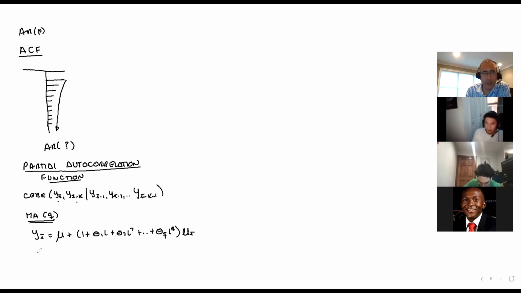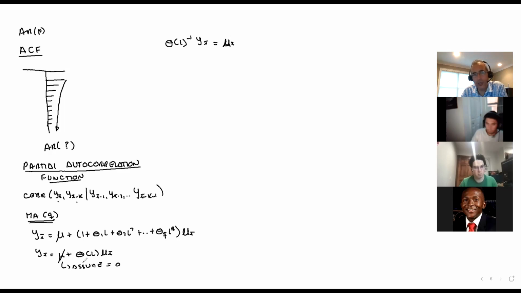Now assume that mu is 0, just to make it easy. So if I want to know ut, I do (1 plus theta L) to the minus 1 times yt equals ut. Do you agree with me or not, guys? So this is a series. You take it to the minus 1, and then you obtain this one here.